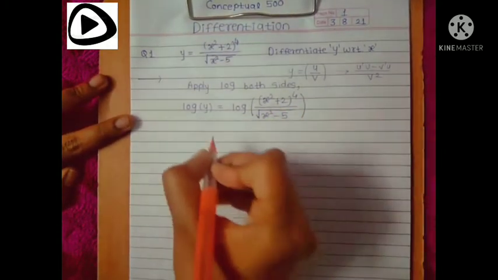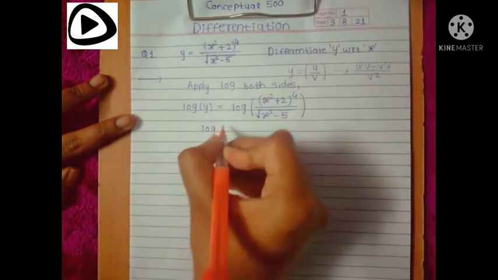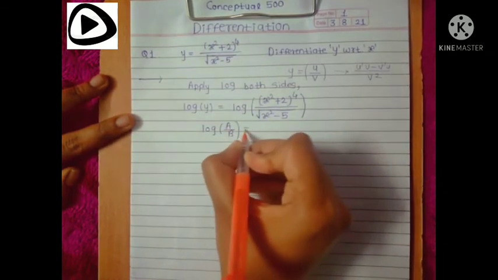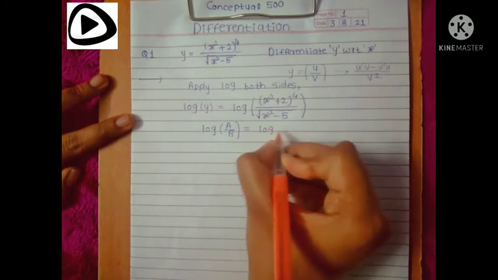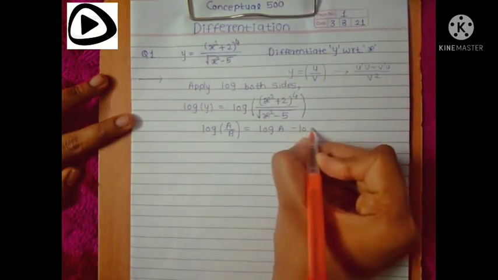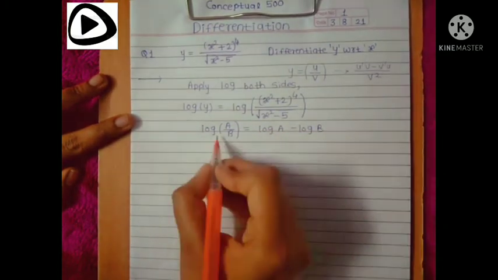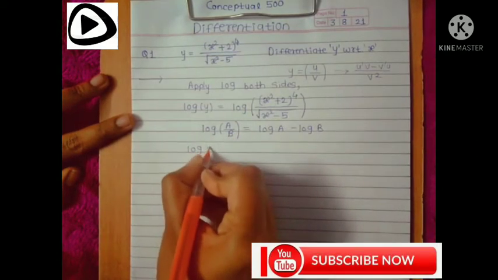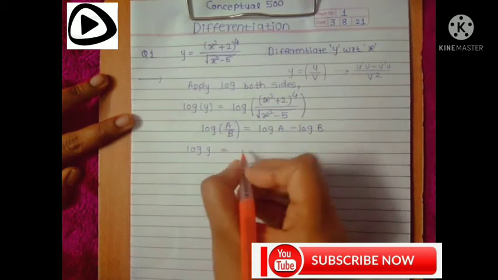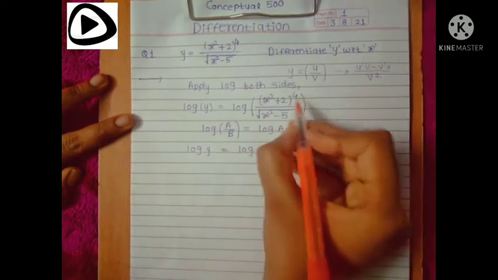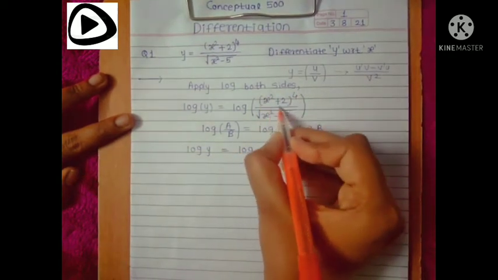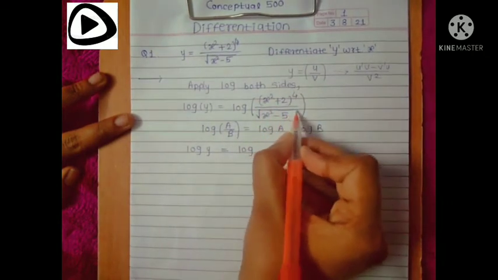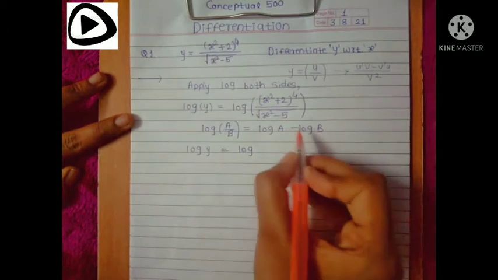Log has the property that log of a by b is nothing but log a minus log b. So according to this formula, we can write log of y is equal to log of the whole part in the numerator, which becomes a, minus log of the whole part in the denominator, which becomes b.